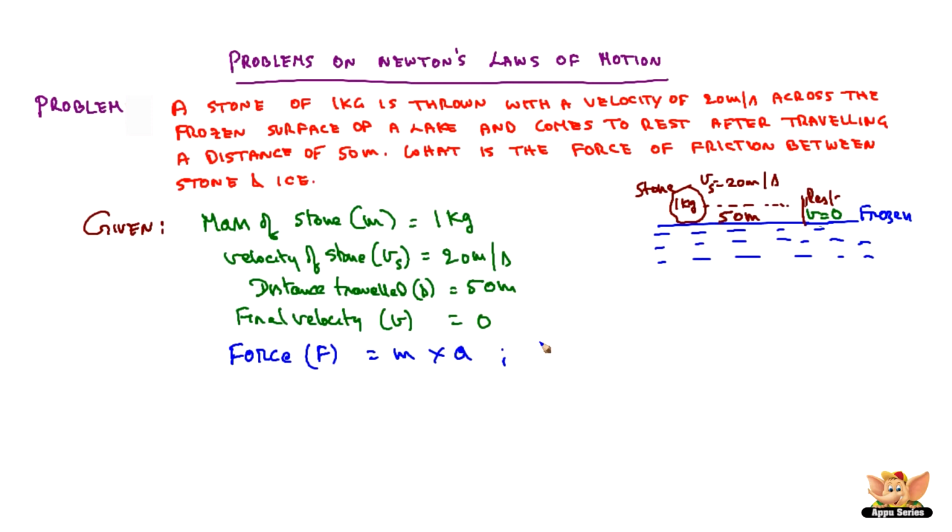So in order to find acceleration, we have the data given. We will find it from one of the equations of motion, v square minus u square is equal to 2as. Here v is 0 and u is 20.